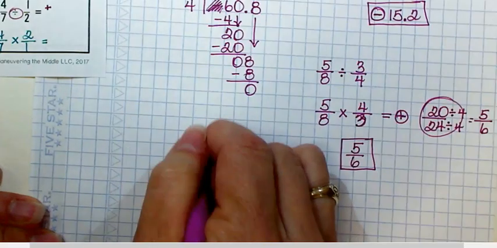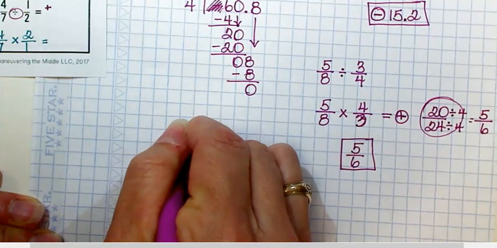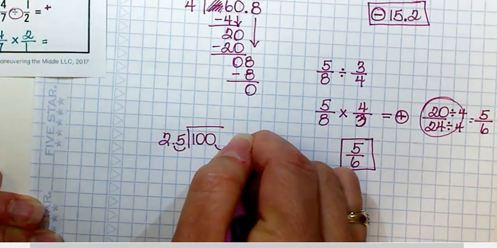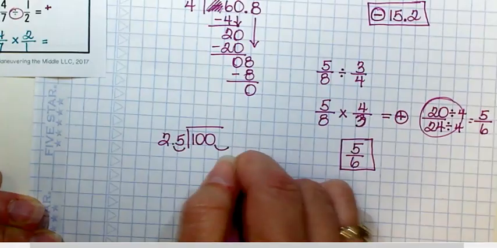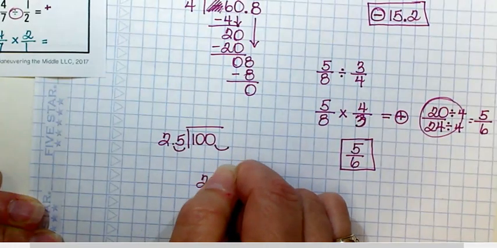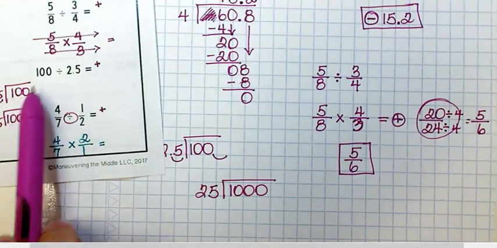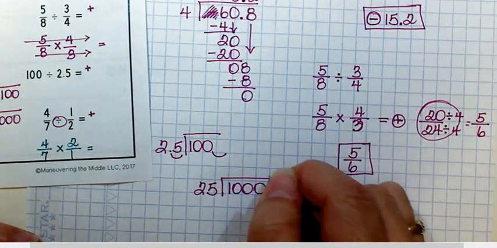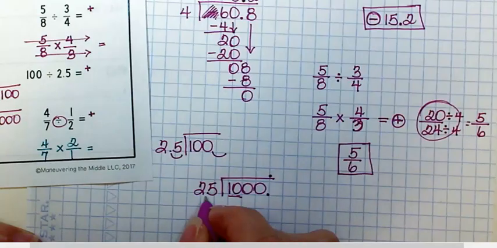All right, 100 divided by 2.5. I don't like this decimal, so I'm going to move it, but if I move that decimal, I've got to move this decimal as well. So 1,000 divided by 25. And if you look at the problem, right here, it's a positive divided by a positive. My answer will be positive. I'm going to mark my decimal. 25 will not go into 10, but 25 will go into 100.